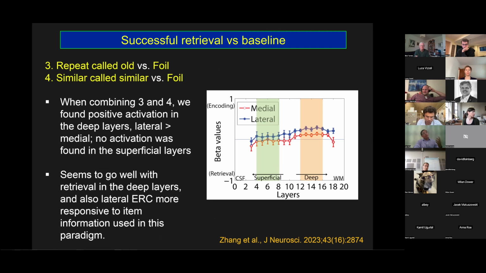So the main finding is it seems that the repeated trial and a similar trial, in terms of encoding, they're very similar. We didn't see much difference in terms of signal response, but in terms of retrieval, they're very different, and we can see signal response difference, especially in the lateral, in the deep layers. So we can detect that.